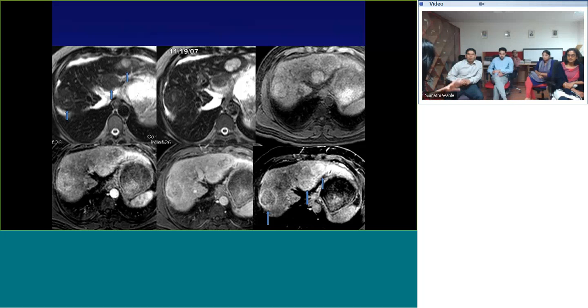So they are actually brighter, or at least the same brightness as the rest of the liver. So if they retain the hepatocellular specific agent, then most likely they are focal nodular hyperplasia or a benign lesion. Now this is also another bizarre case.